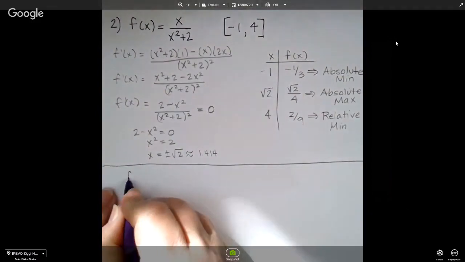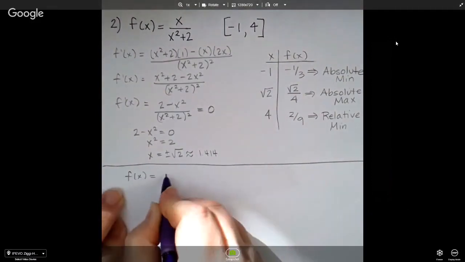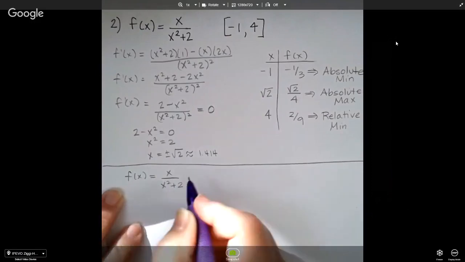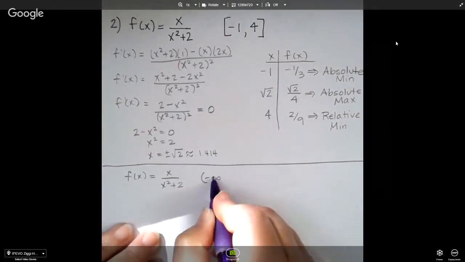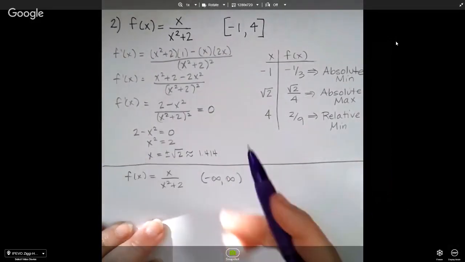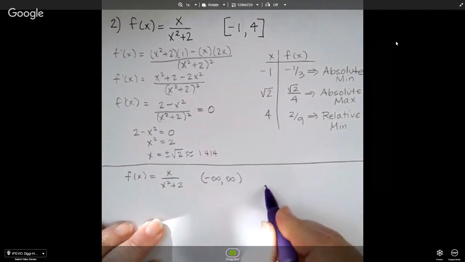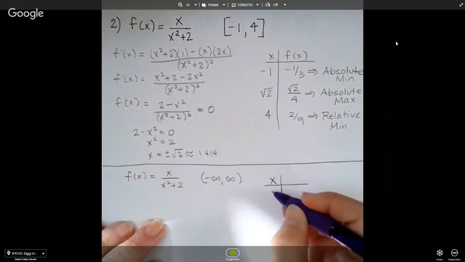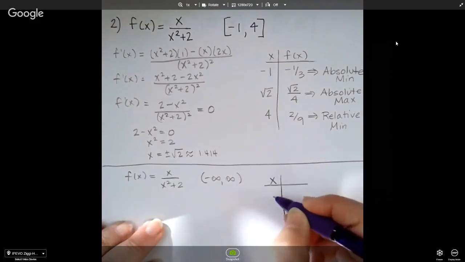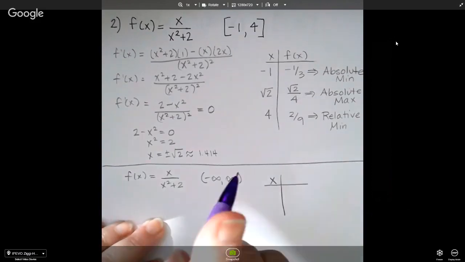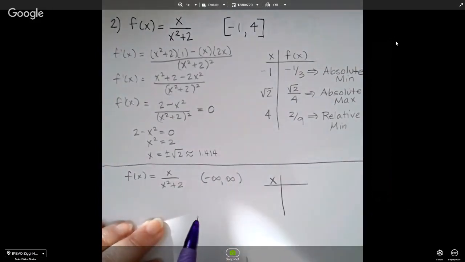What if I said I wanted to find the extrema here for this function, x over x squared plus 2, but my domain was unlimited? Well, then how does this problem change? Well, it changes a little bit. First of all, endpoints can't really go here, can they? Because I don't have any endpoints. But we still need to consider what's going on at the infinities.